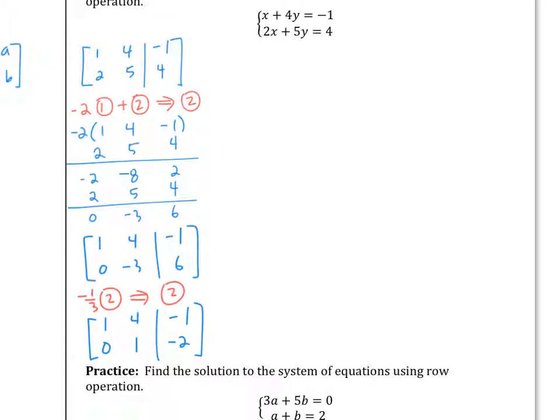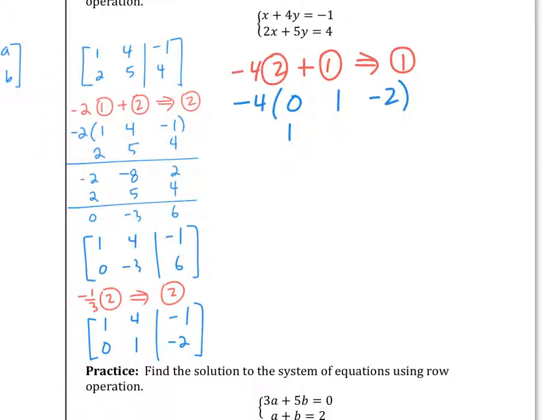Okay, so we are going to multiply negative 4 to row 2, add it to row 1, and then replace row 1. Okay, negative 4 times row 2, add to row 1.